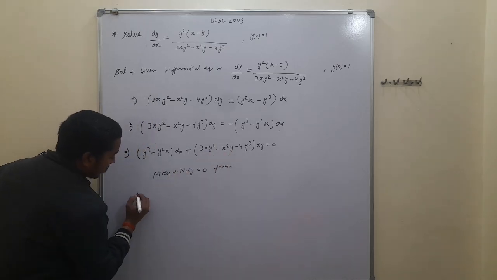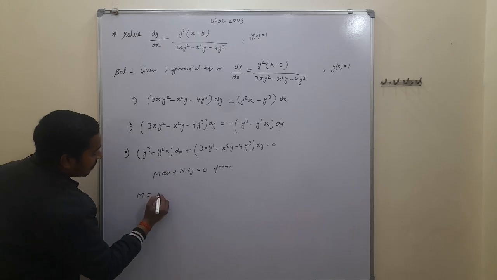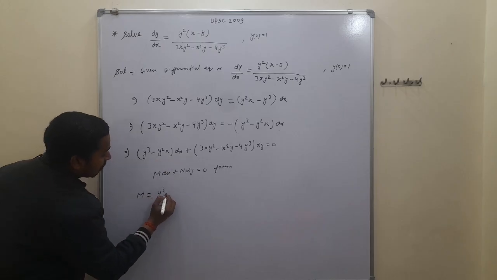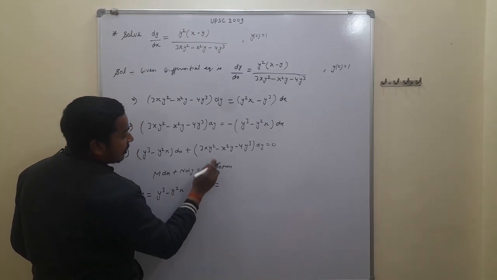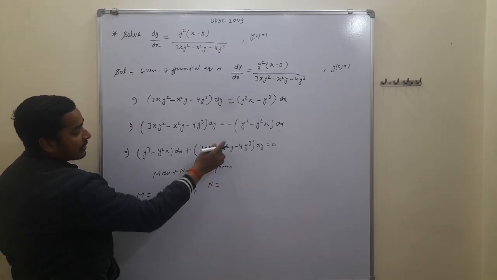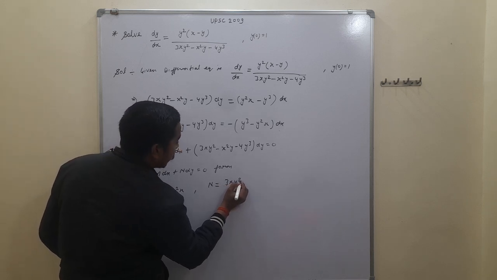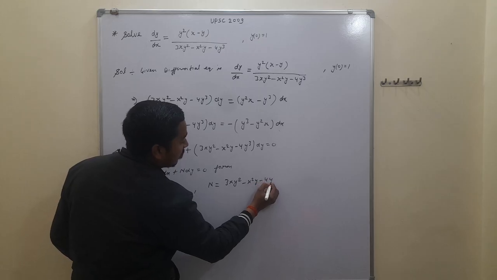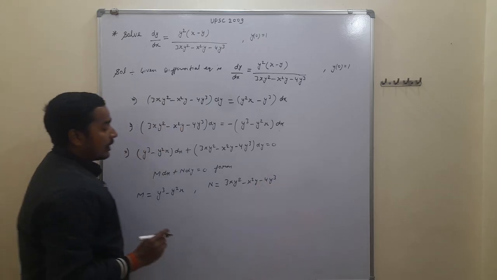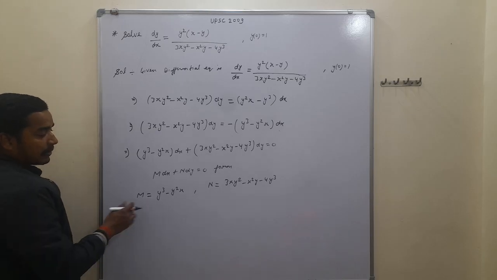On comparing, this gives M = y³ − y²x and N = 3xy² − x²y − 4y³. Further we differentiate M with respect to y.